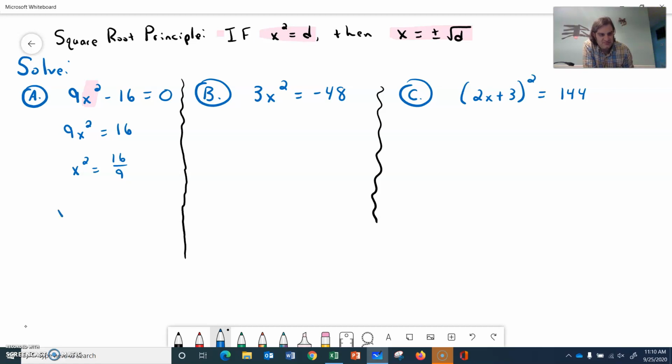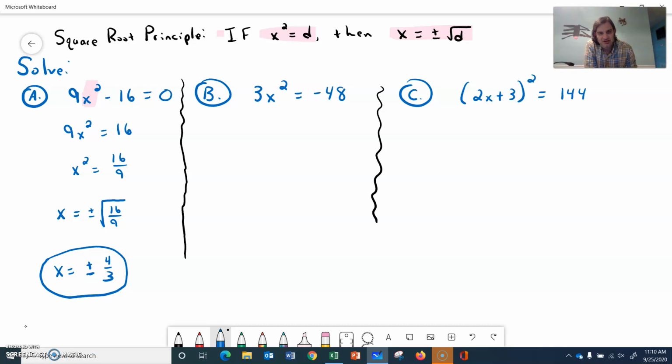So when we apply the square root principle now, the number is 16/9, so it'll be plus or minus the square root of 16/9, which gives us the answers plus and minus 4/3. Everything may not have a nice square root. You could still get to it using the square root principle in some cases though.